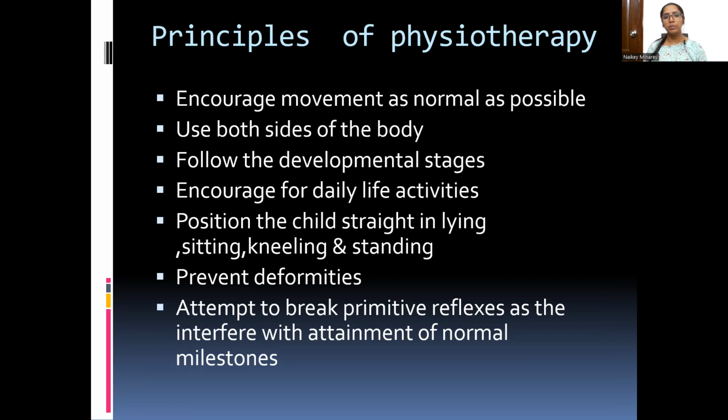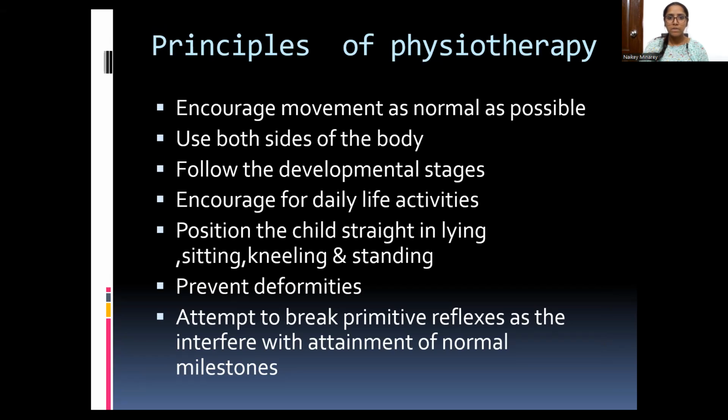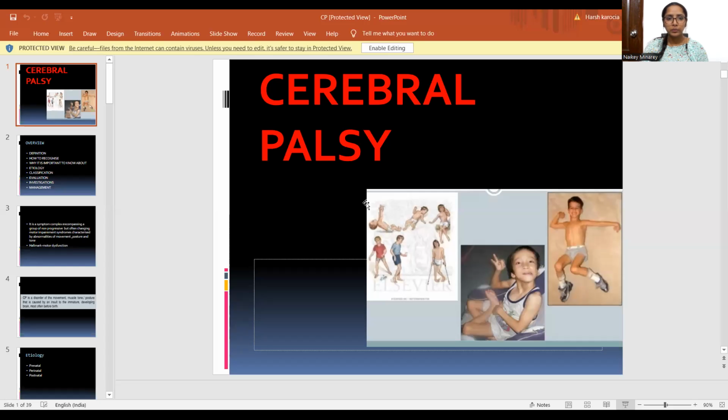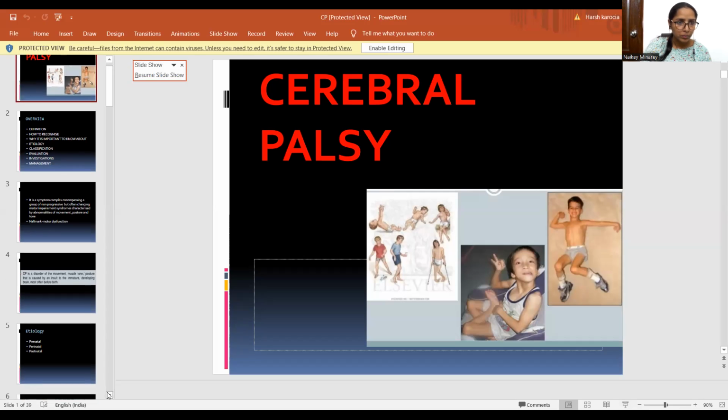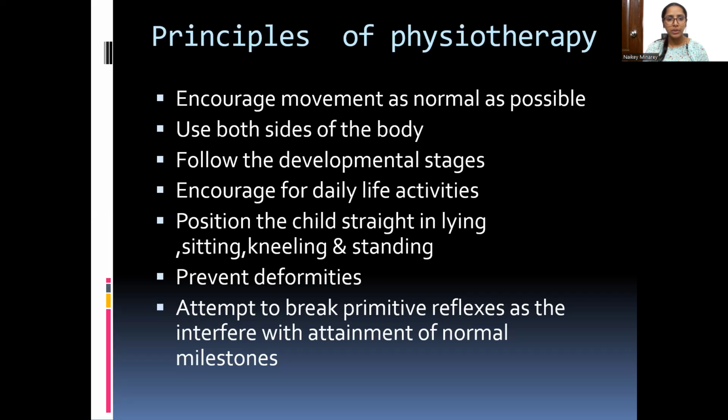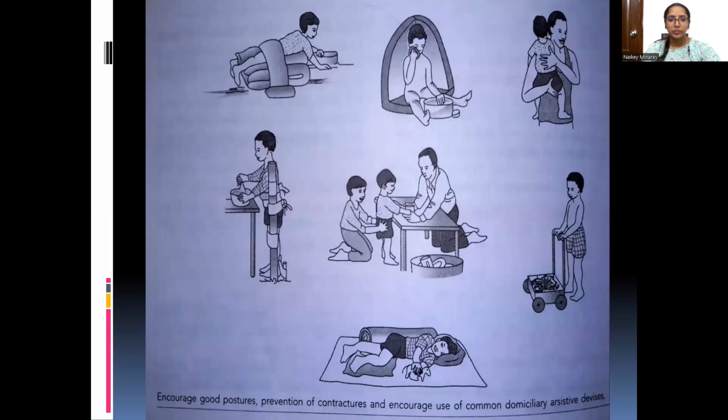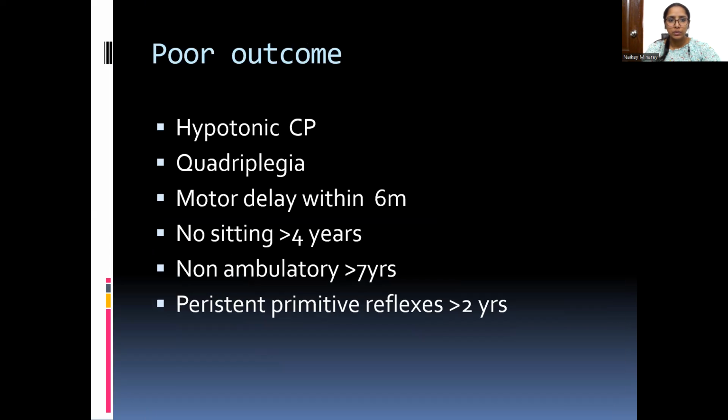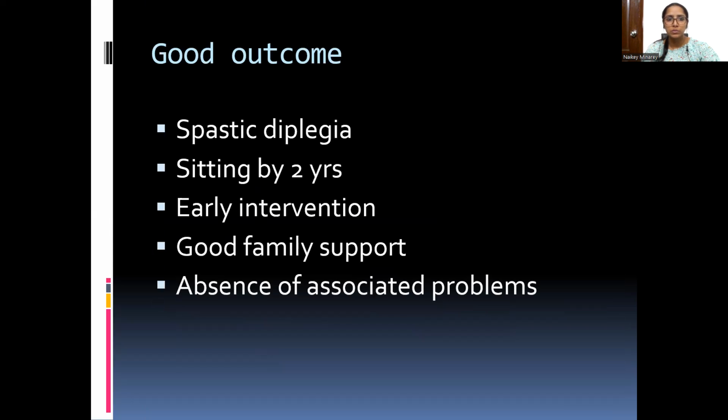The principles of physiotherapy are to encourage movement as normal as possible, use both sides of the body, follow the development, prevent deformities, and attempt to break primitive reflexes as they interfere with attainment of normal milestones. So these are the splints, and these are the various positionings. Poor outcome is with quadriplegia, hypotonic CP, motor delay within 6 months, no sitting by more than 4 years, not ambulatory, and reflexes persisting more than 2 months.